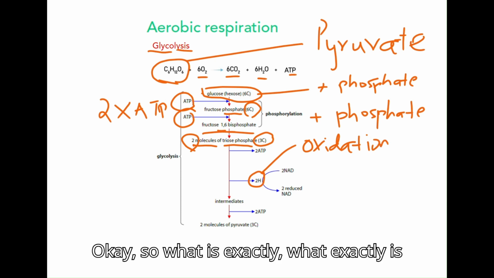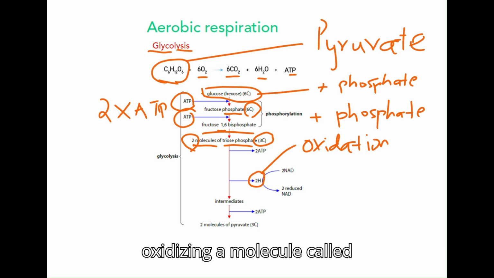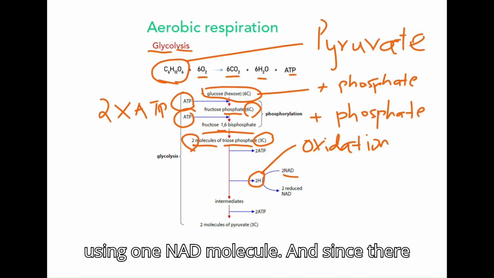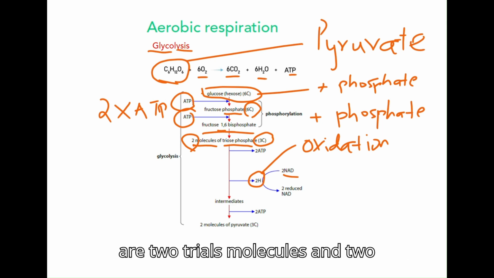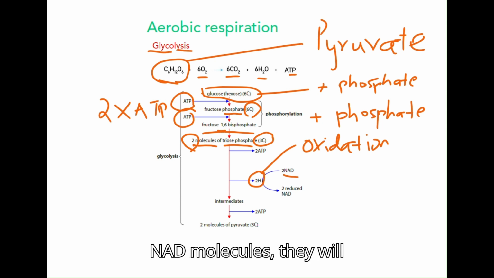Okay, so what exactly is oxidizing? A molecule called NAD. Each triose is oxidized using one NAD molecule, and since there are two triose molecules, we need two NAD molecules.